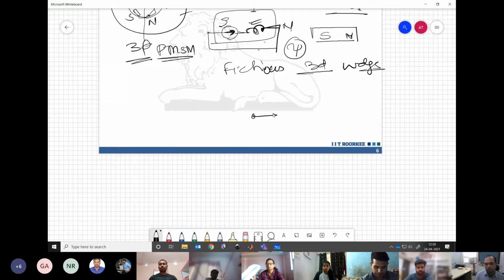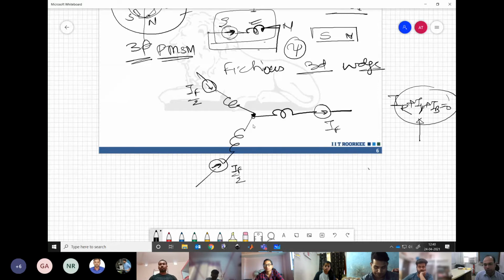Please note the direction. We can call them IF by 2, IF by 2 and IF. So the instantaneous sum of the currents is 0. Why? Because the directions are different. Two are coming in towards the coil, one is going out. So actually this is minus IF by 2, minus IF by 2, and this is plus IF.